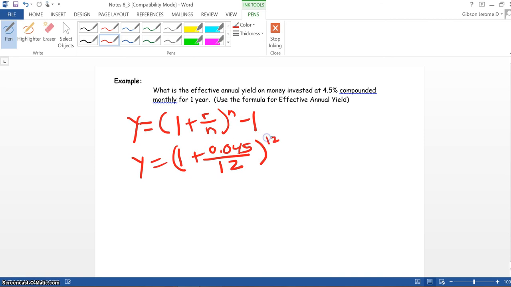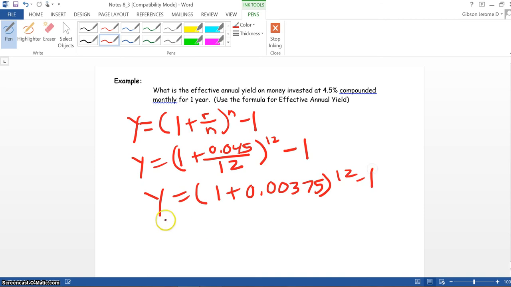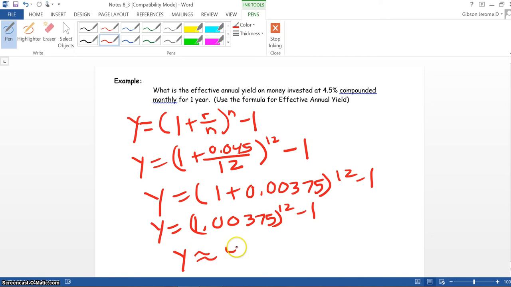Now our N is 12 as well, minus 1. So we have Y is equal to 1 plus 0.00375 to the 12th power minus 1. So we have Y is equal to 1.00375 to the 12th power minus 1. Now when you put this in your calculator, this would end up giving you the approximation of 4.6%. And that is the final answer.